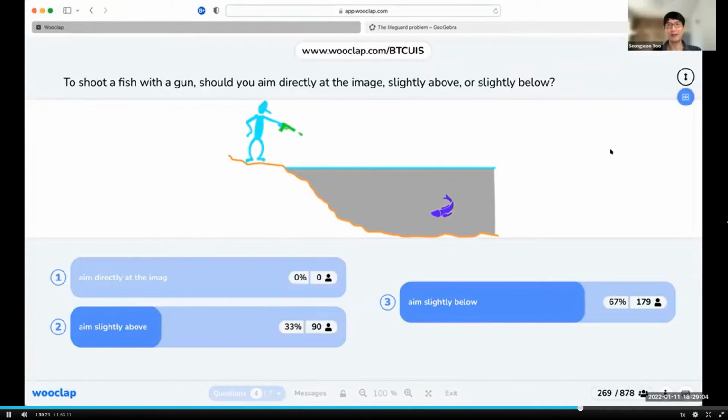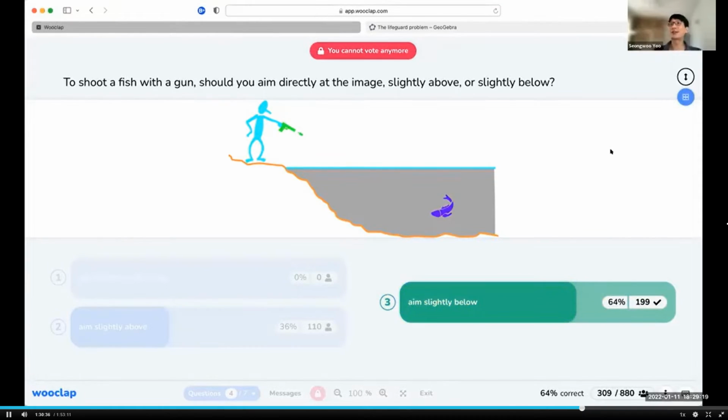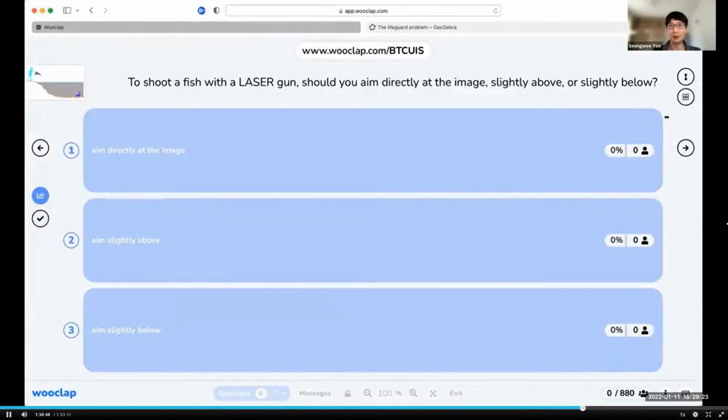Do you aim at the fish, or slightly above or slightly below? I'm going to close the vote in 5, 4, 3, 2, 1. The correct answer is 3. You must aim slightly below. Now I will show you the next question.